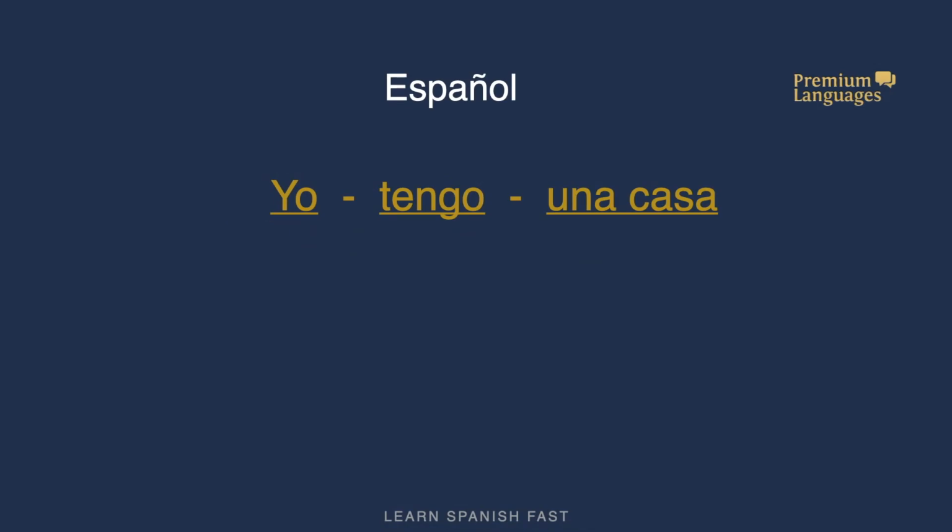So for instance, if we go back to the example, yo tengo una casa, which translates I have a house, una casa is the direct object, yo is the subject, tengo is the verb. And because una casa is feminine, now the pronoun that substitutes una casa is going to be feminine as well, la.